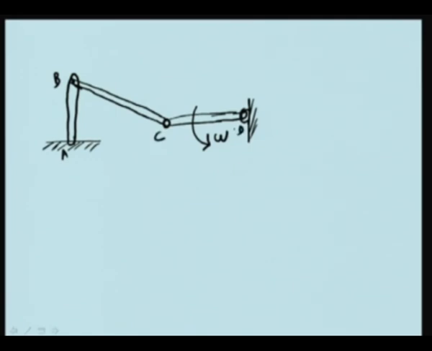Now you have assumed that the rod AB is vertical at the instant depicted. In this case, if you have to find out the instantaneous center of BC, how do we go about that? Direction of BC is in this direction.